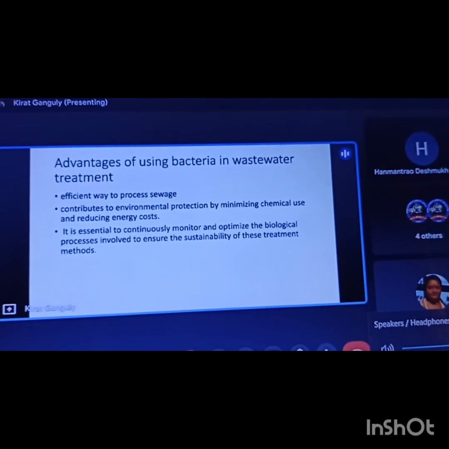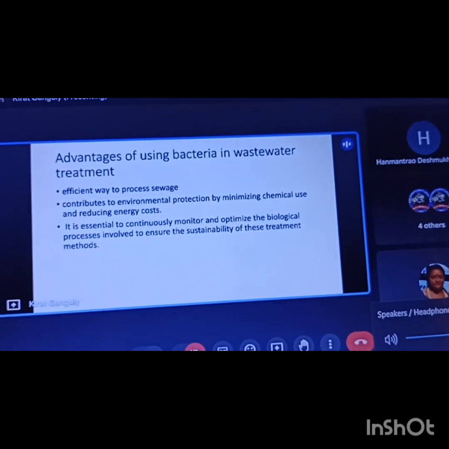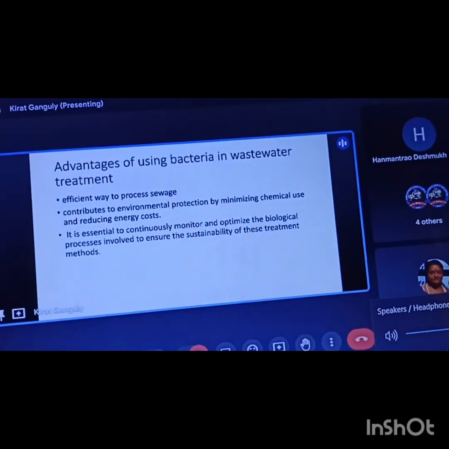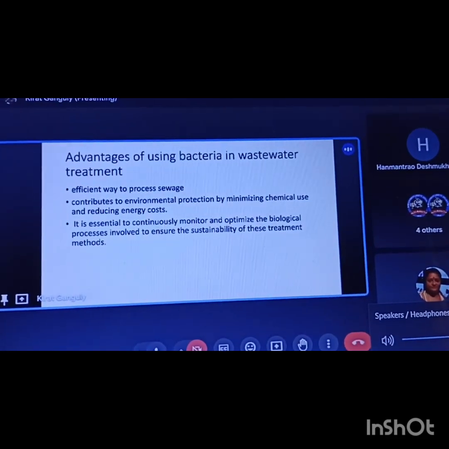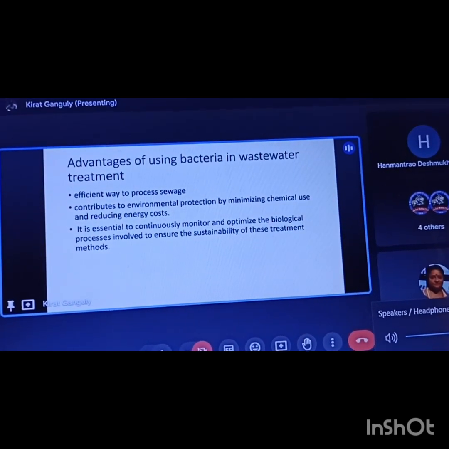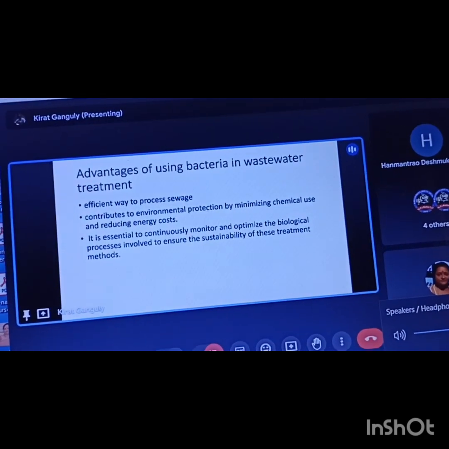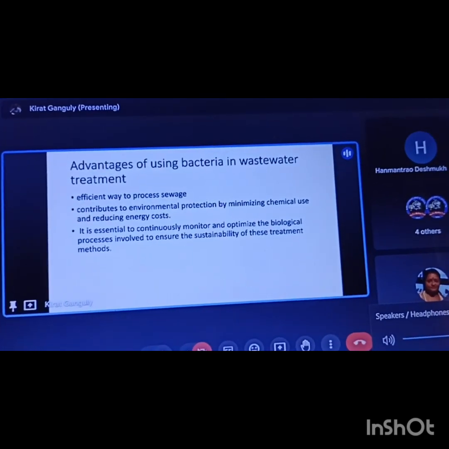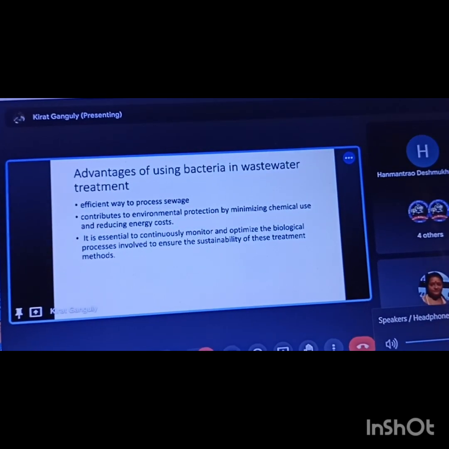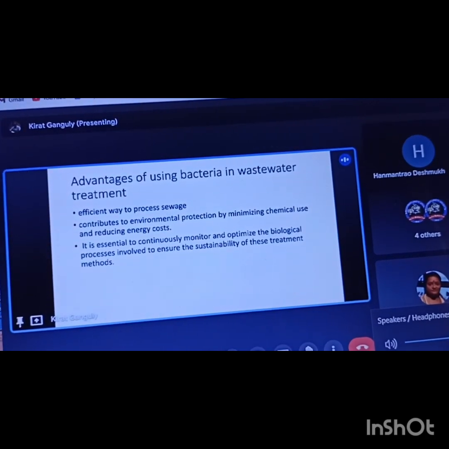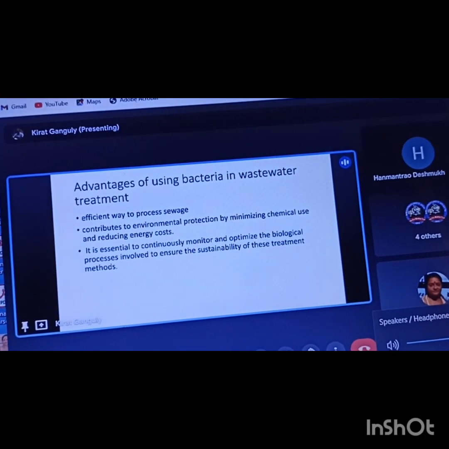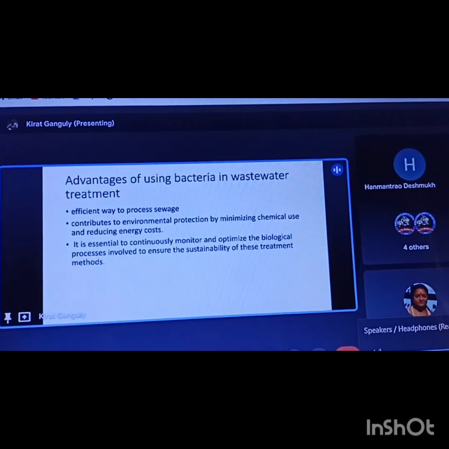Obviously, filtration and chemical use leave chemicals remaining in the liquid or in the land, so that's a kind of chemical contamination towards the mother earth. So if we can reduce that, if we can use bacteria which are degrading the organic waste.